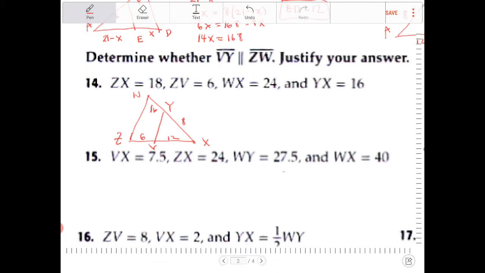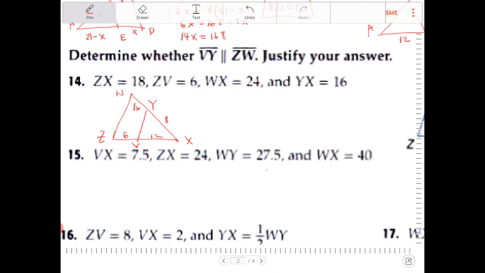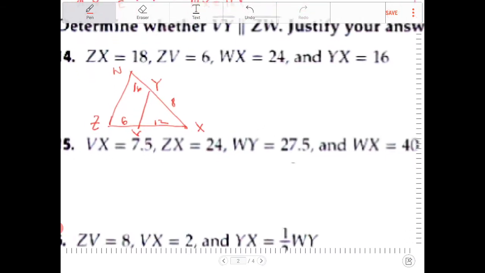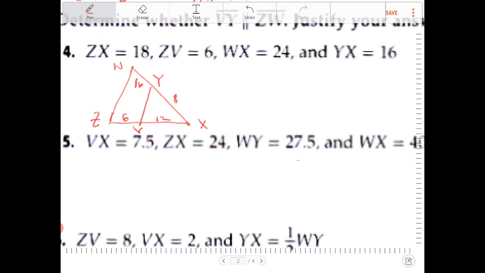So here for this problem, we need to determine whether Vy is parallel to Zw. If the proportion holds up, then the two lines will be parallel. Let's see if the proportion holds up. So 12 over 6, is that going to be the same as 8 over 16? 12 over 6 is 2. 8 over 16 is 1/2.